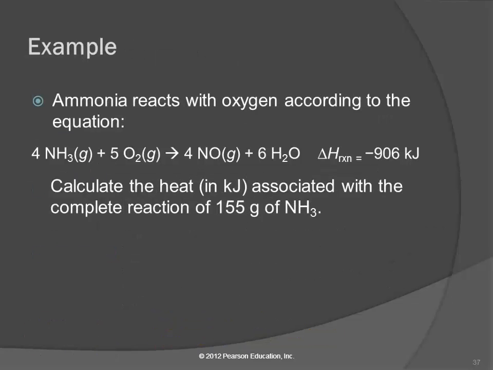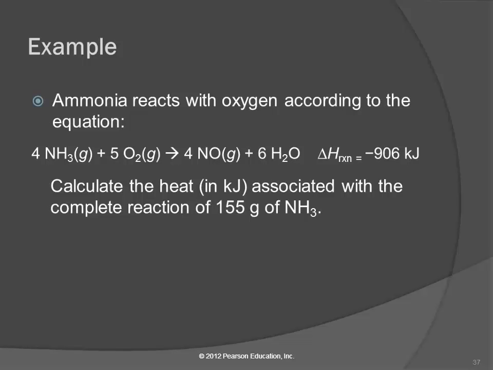So let's do an example. Ammonia reacts with oxygen according to this reaction, and for every 4 moles of ammonia that reacts, we get 906 kilojoules of energy being released. It says calculate the heat in kilojoules associated with the complete reaction of 155 grams of ammonia. So again, this is stoichiometry with a twist.